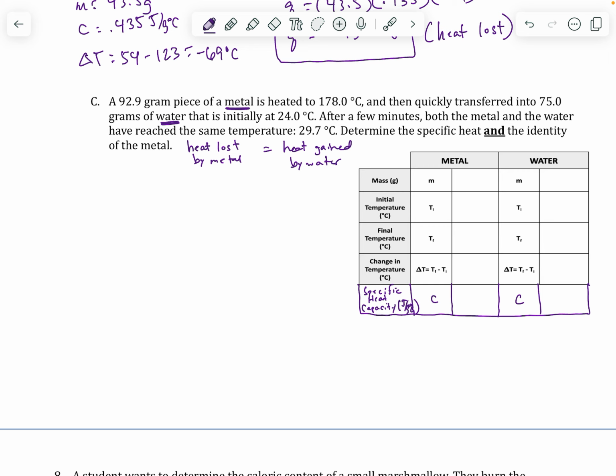With this being said, heat loss is negative Q of the metal, which is equal to positive Q of the water, because that is heat gain.